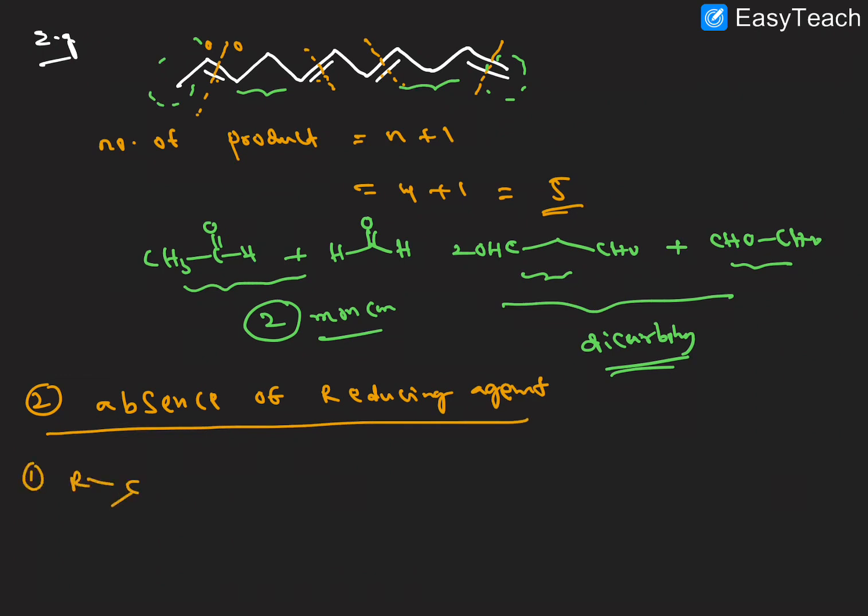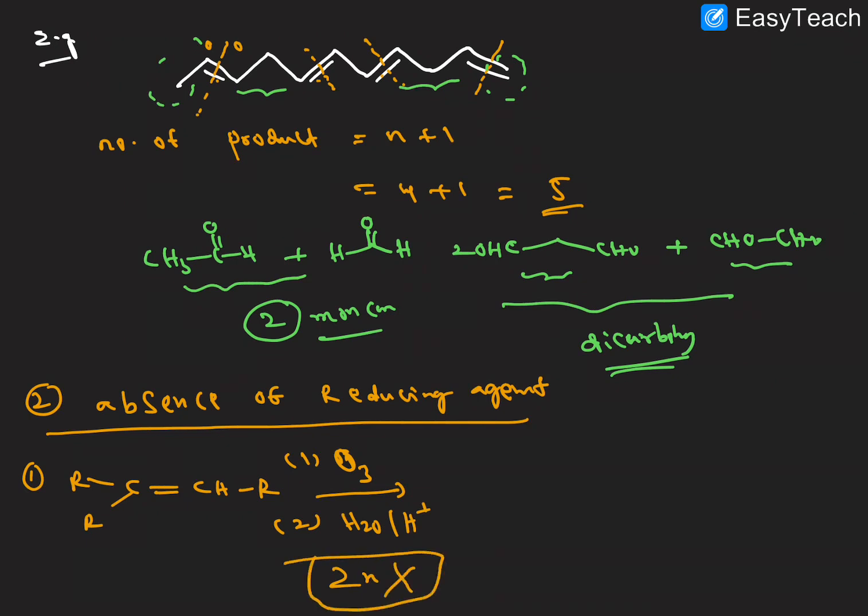R, R, C double bond CH R, with O3, and the second reagent is H2O in acid medium. You're not using zinc. Zinc is not there, right? No zinc here. So what products are forming here?